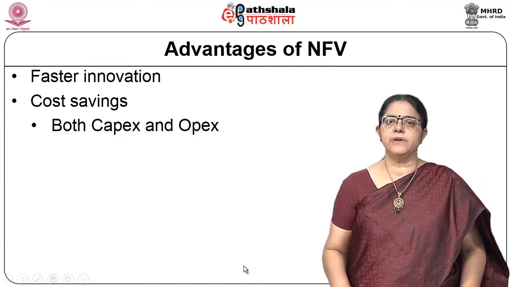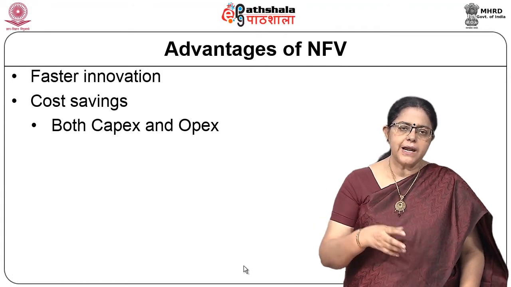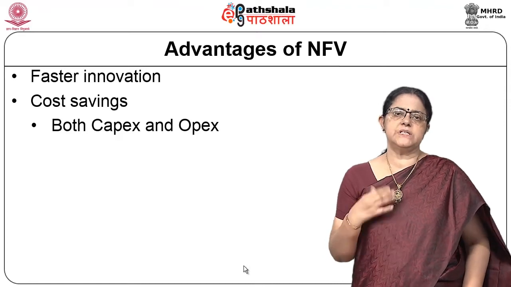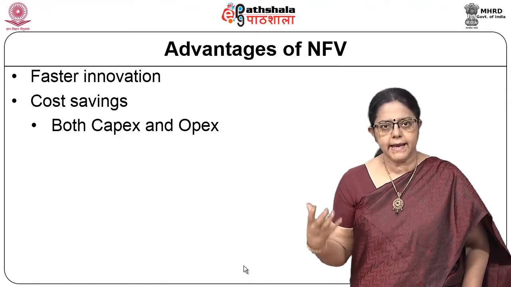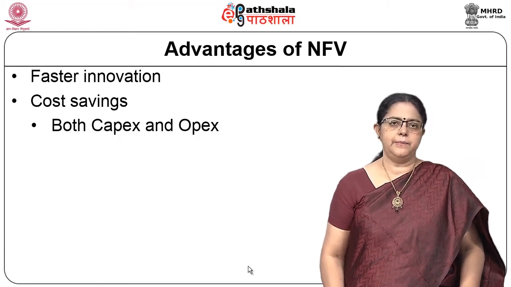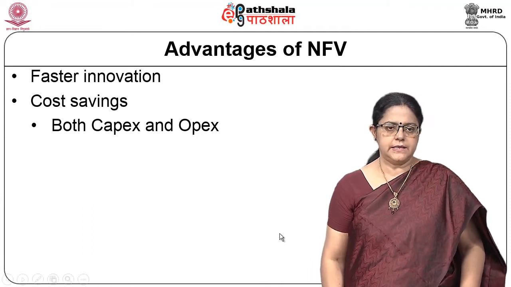But in software it can be easily done. So, it will be given on commodity hardware and run in a machine and implemented to see that it is doing the correct thing, and when we are convinced that it is doing the correct thing, then we take the same logic through to the physical network.